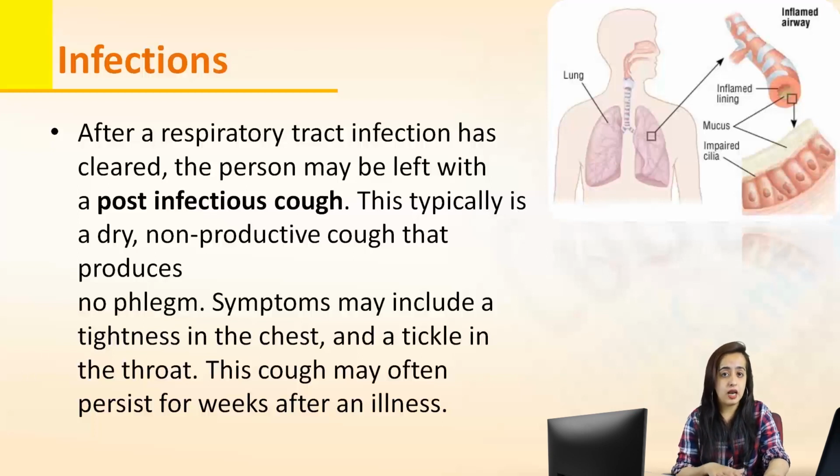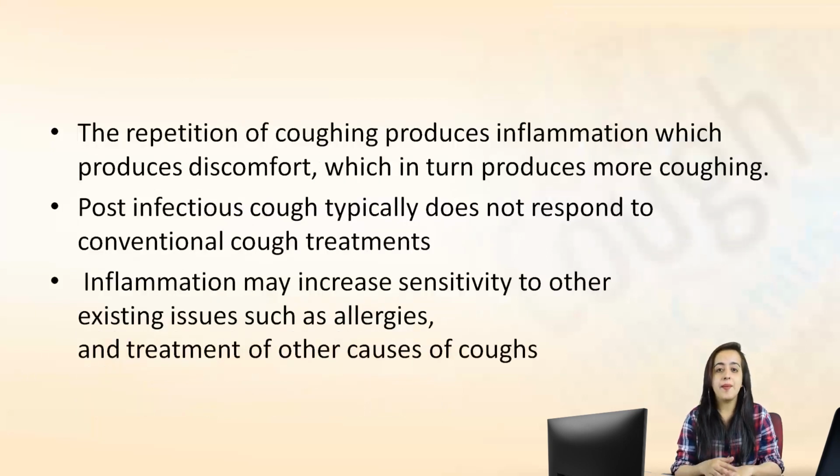The patient will tell us that he experiences tightness in the chest or a tickling sensation in the throat, which triggers the cough. And post-infectious cough can be present usually even after weeks of the illness. What happens in cases of post-infectious cough is repeated coughing further aggravates the inflammation in the airways, which leads to more coughing.